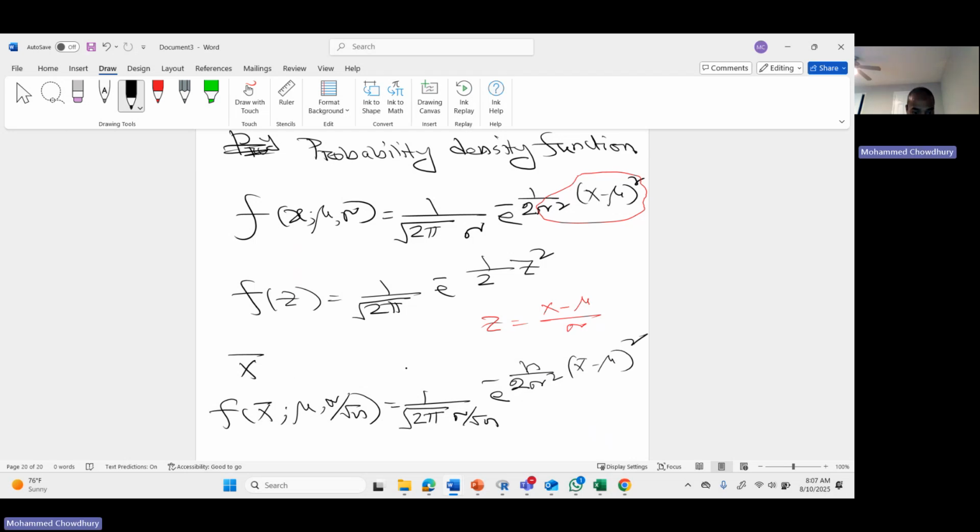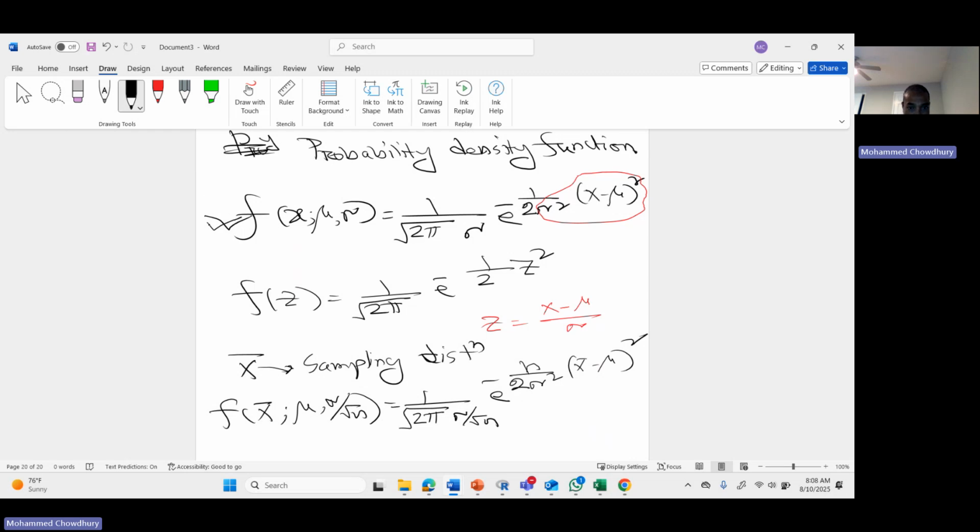So this distribution is called the sampling distribution.